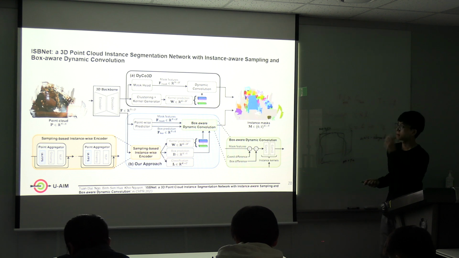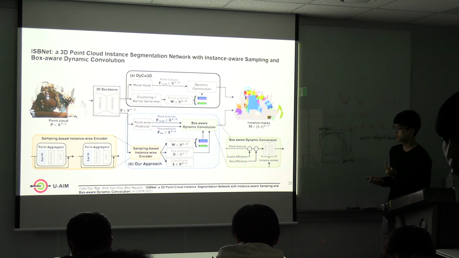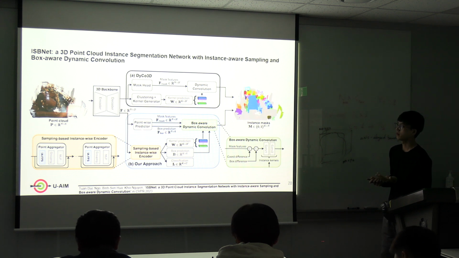They will still use the 3D backbone to predict the semantic label for each point, the offset for each point, and the bounding box for each point.